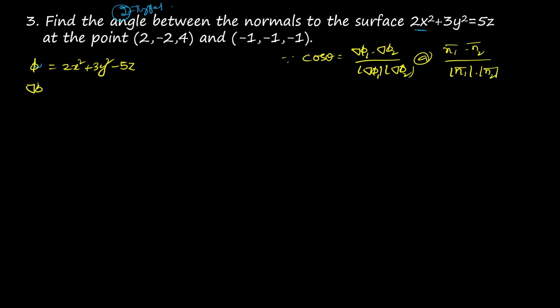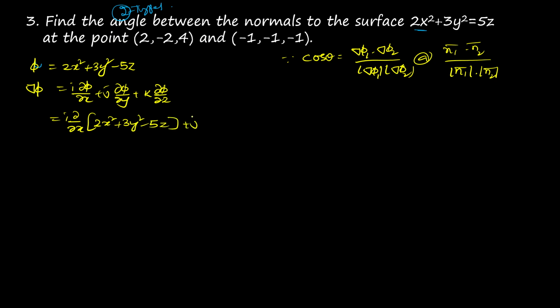So here we have only one surface. I'm going to find del phi. We know very well the del phi formula: i dou phi by dou x plus j dou phi by dou y plus k dou phi by dou z. Now i into dou by dou x of phi, where phi is equal to 2x squared plus 3y squared minus 5z.